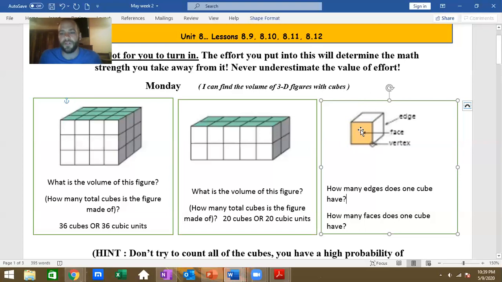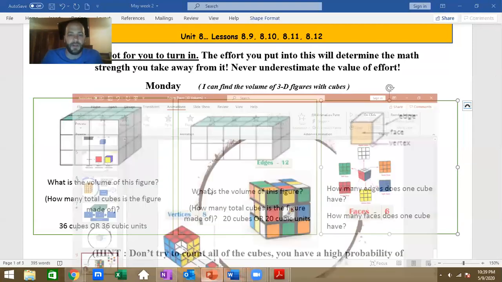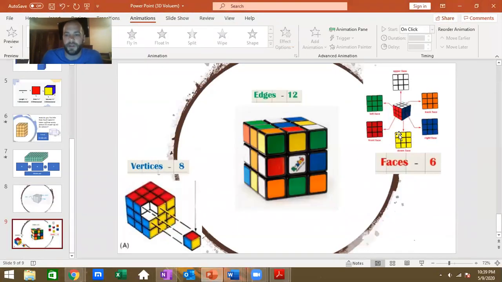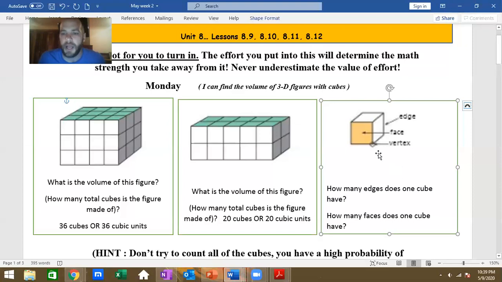How many faces? Well, 1, 2, 3, 4. So that makes it all around, and then you have the top and bottom. So there's 6, right? 6. And if you look at our Rubik's Cube, they are each in their color there, and it's easy to see there's 6. And then finally the vertices, or the vertex, that part that could poke your eye out.